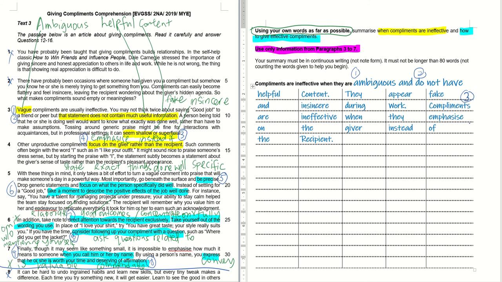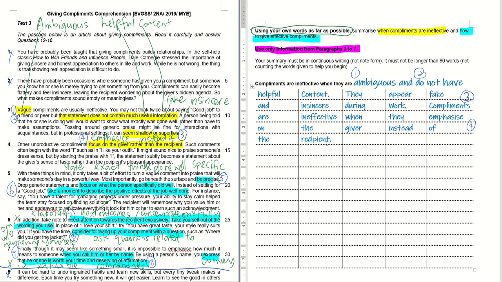Point 4. That should be a small R, not a huge R. Now capital R. Recipient.